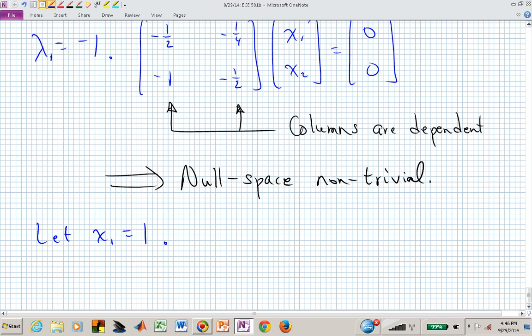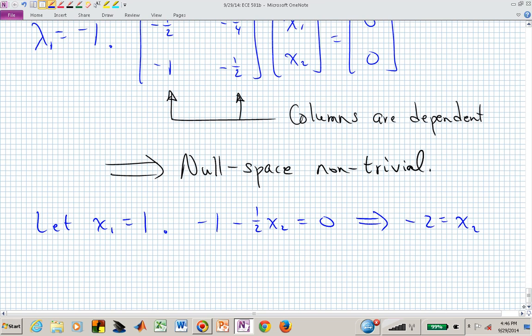And now from the top, or which one do we want to use? Let's go ahead and just use the bottom, since it's easier maybe to see. We now have minus 1 minus 1/2 x sub 2 equaling 0. If we multiply both sides by 2, solve for x sub 2, we get minus 2 is equal to x sub 2.